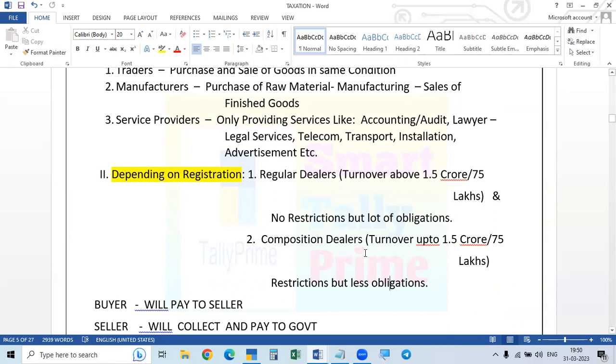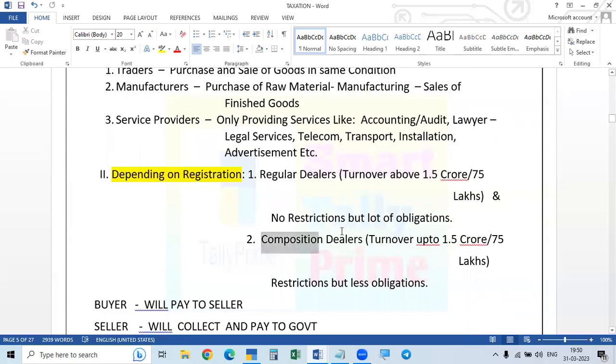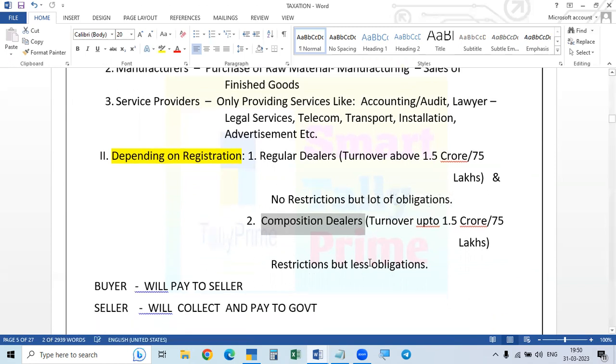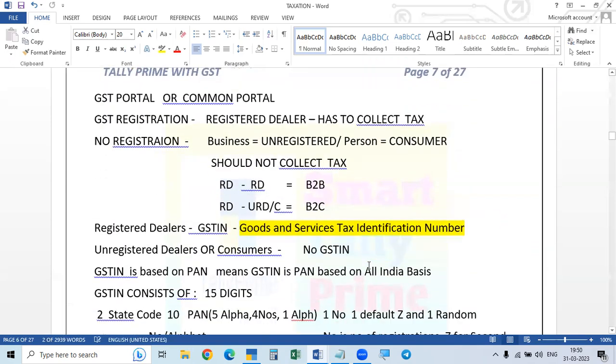And the third one is service providers, providing only services. So under the composition scheme: one, manufacturers or traders; two, restaurants not serving liquor; and three, service providers.